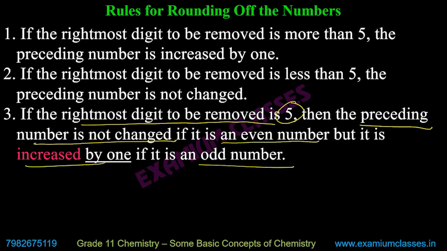How will you remember it? You will not remember it like this. You will remember it this way: if you have to round 7.85 and 7.825, you will just remember that if this is exactly 5 and you have to remove it, the previous digit will always be even.